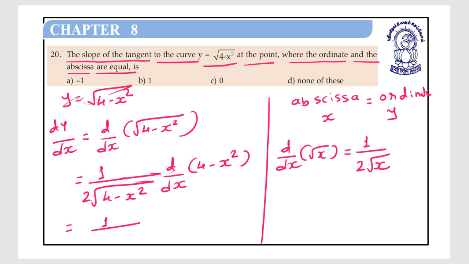So 1 upon 2 under root 4 minus x square, d by dx of 4 minus d by dx of x square.